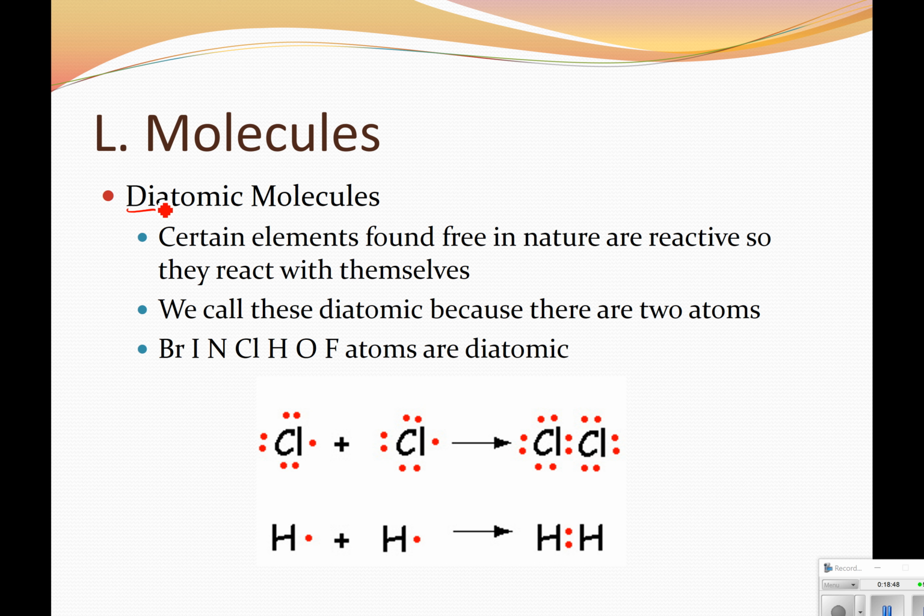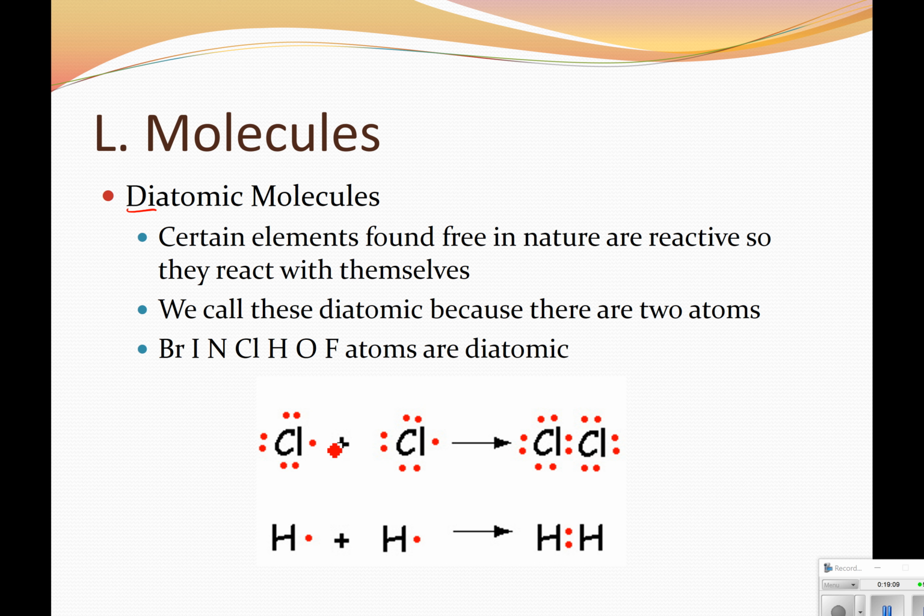And these are going to be our Brinkelhoff elements. All of our Brinkelhoff elements are diatomic, meaning that we have 2 of the same atom bonded to itself. And these elements, which are found free in nature, are very reactive, so they tend to react with themselves.